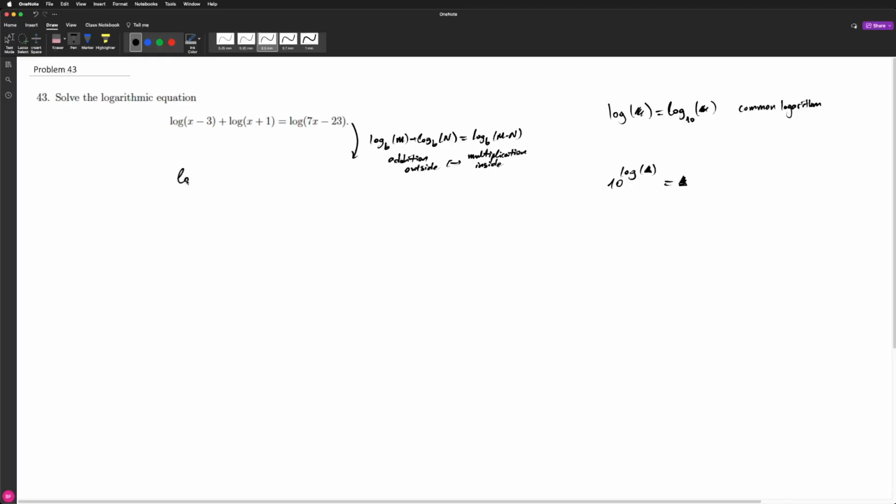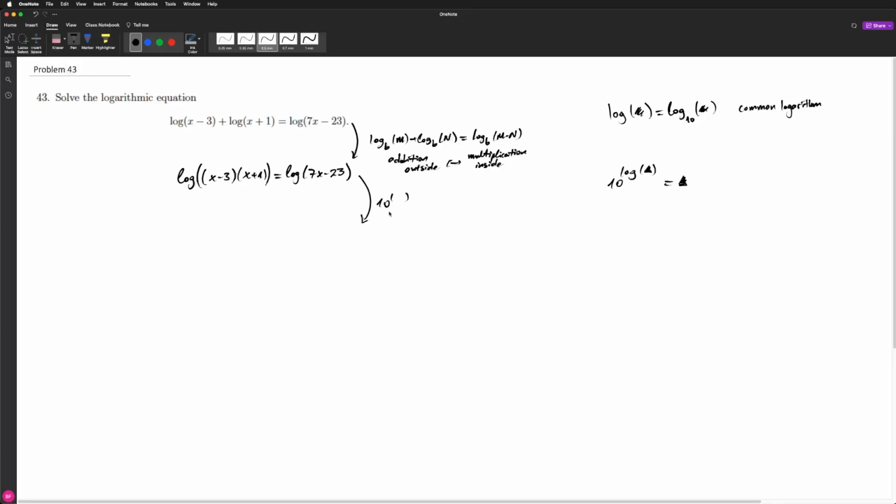And then I can put them together, that x minus 3 and x plus 1, into a single logarithm term. And on the right-hand side, I have a single logarithm term anyway, 7x minus 23.